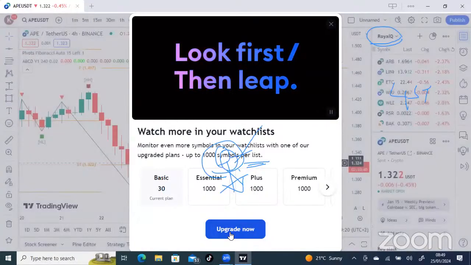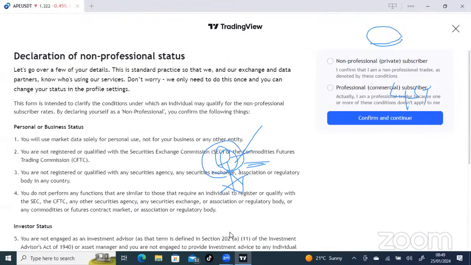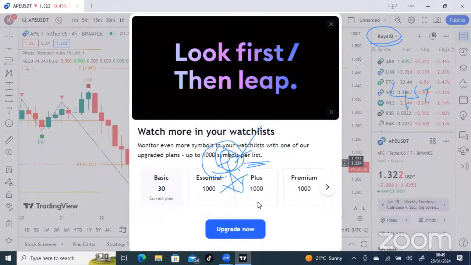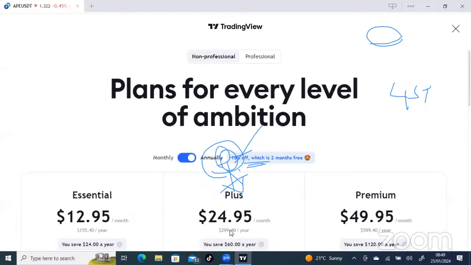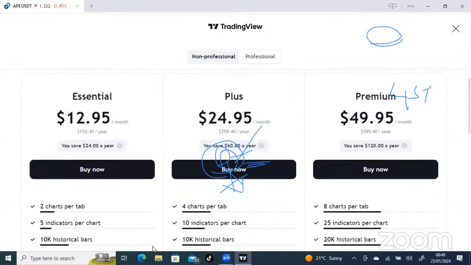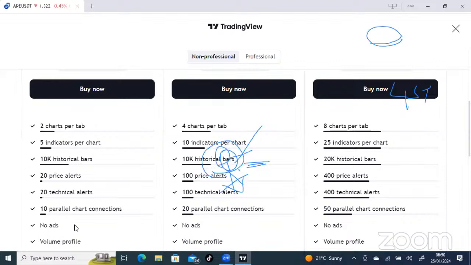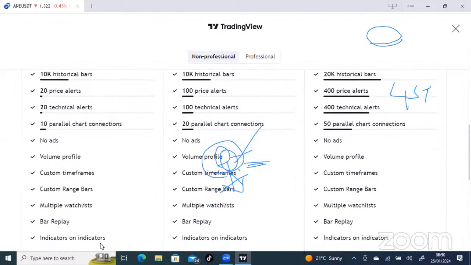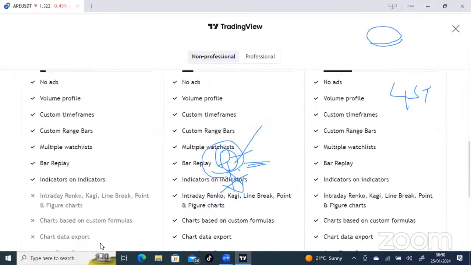But me, I will die on the free version. $12 per month: quick charts, 5 indicators, 10 historical bars, no ads, 2 parallel chart connections, bar replay, indicator on indicator.